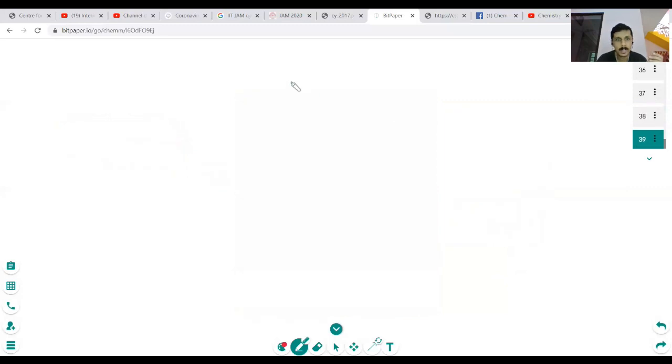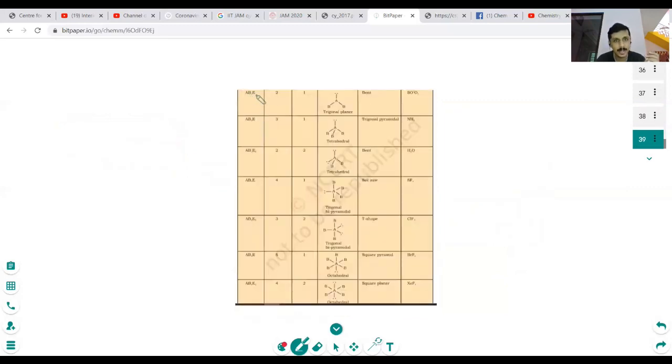For example, if you have a structure called AB2E, that is two bond pairs, I'll write this is bond pair and this is lone pair. If you have two bond pairs and one lone pair, we have seen previously, if there are only two bond pairs and no lone pair, they will be linear. This should have been the structure X, Y, Y here.